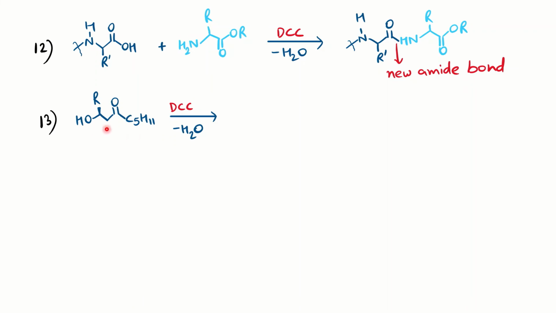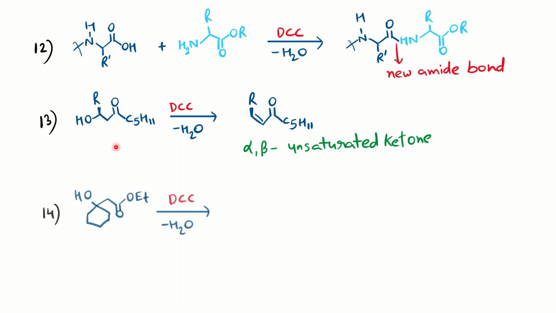Now in this case, you can say that you don't have an acid, right? And you don't have an ether here as well. But we know we have DCC which is acting as a dehydrating agent. So wherever it is possible, you show the loss of water and you can form the alpha-beta unsaturated ketone in this case, which is more stable as compared to the starting material.